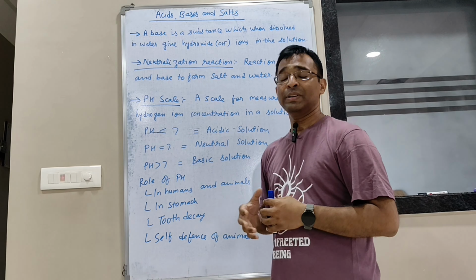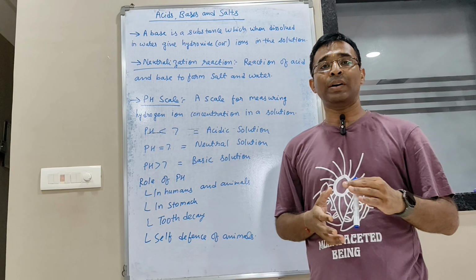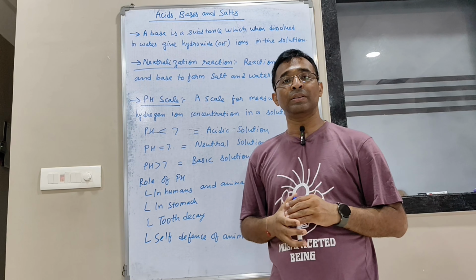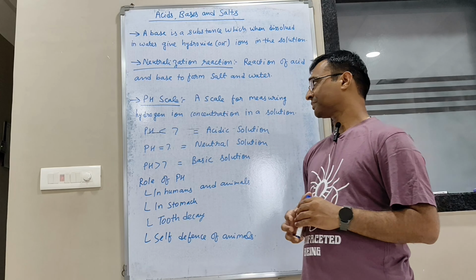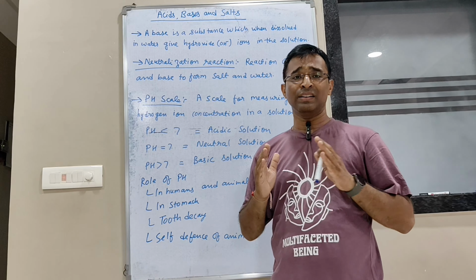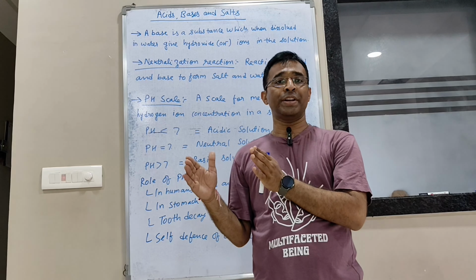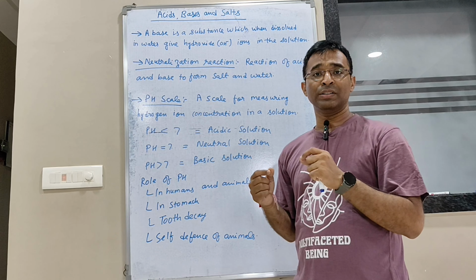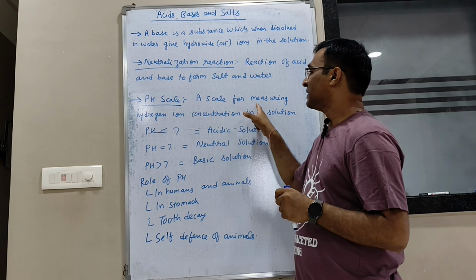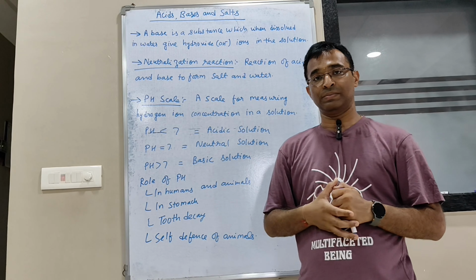The next important topic is the pH scale. This is a very important topic in chemistry. Basically, it is a scale which starts from 0 and ends at 14, with numbers printed on the strip, and it is used for measuring the hydrogen ion concentration in a solution.